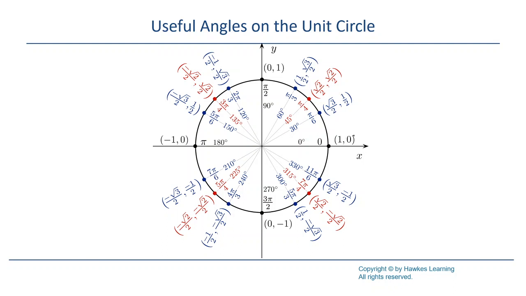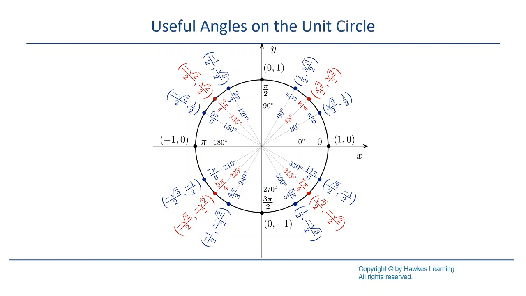Notice that it's 1, 0, and then if you go 90 degrees, it's 0, 1. If you go another 90 degrees, it's negative 1, 0. Another 90 degrees, 0, negative 1. Another 90 degrees, right back to where you started. And then for our nice angles, we have 30, 45, 60.